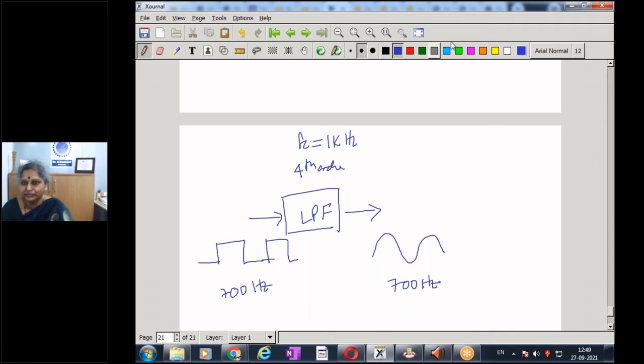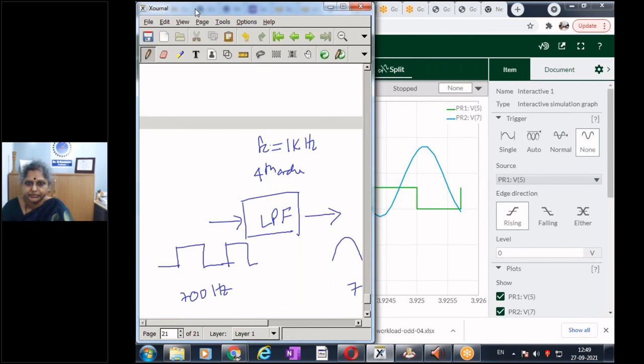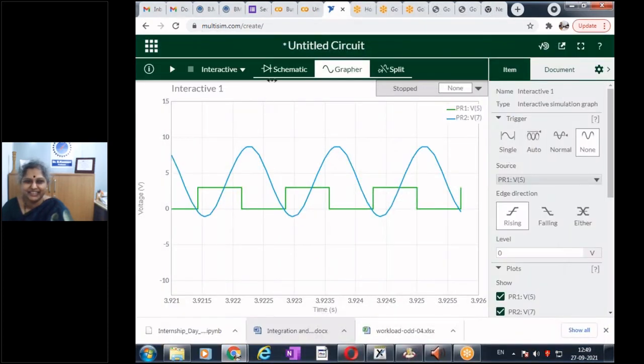Is anyone surprised, or is nobody surprised? Okay, Shashank says, please explain it. Shashank is wondering why it has happened.